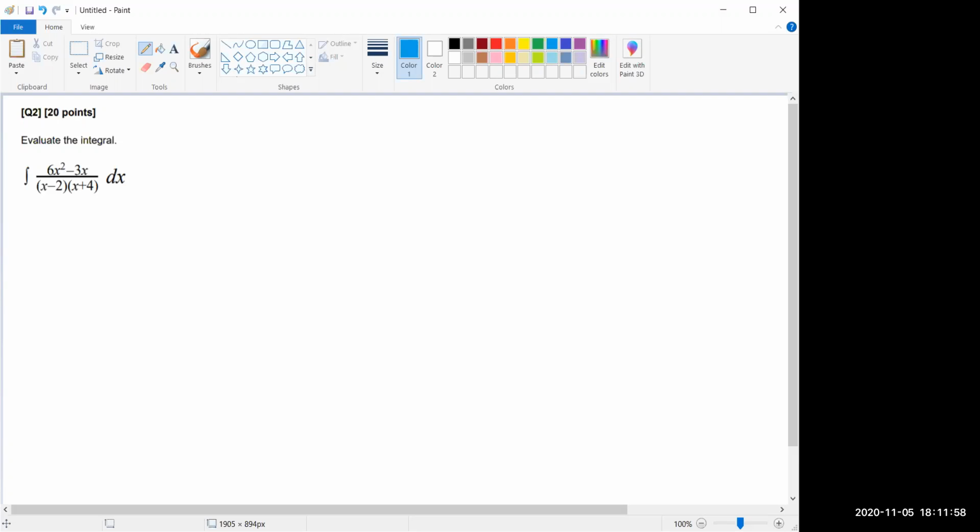Only if the degree in the numerator is smaller than the denominator can you skip doing it. So here it's not, and unfortunately we will have to do long division.